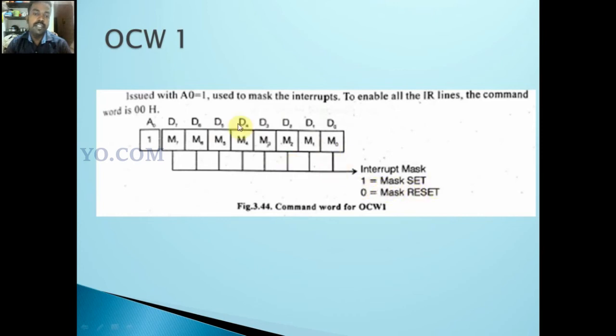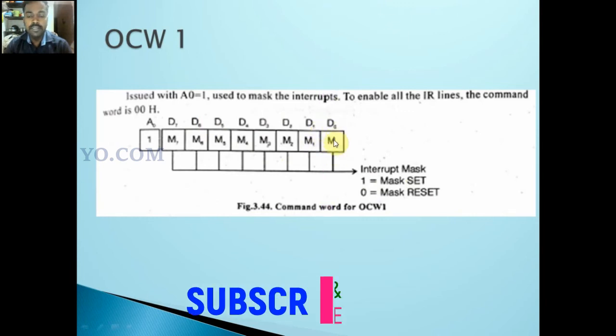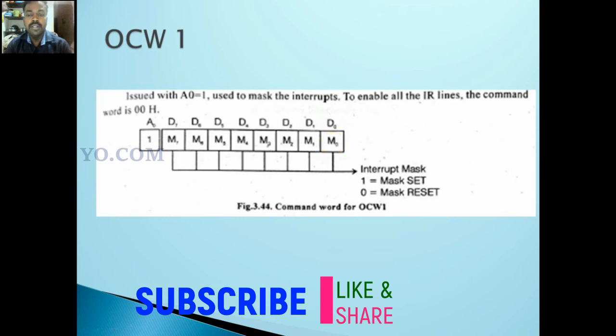These three are combined to produce 8 different operations. 001 means non-specific end of interrupt command. 011 means specific end of interrupt command. 101 means rotate on non-specific EOI, rotate in automatic EOI. 000 means rotate in automatic EOI clear. 111 means rotate on specific EOI. 110 means set priority command. 010 means no operation. So these are the OCW2 operations.